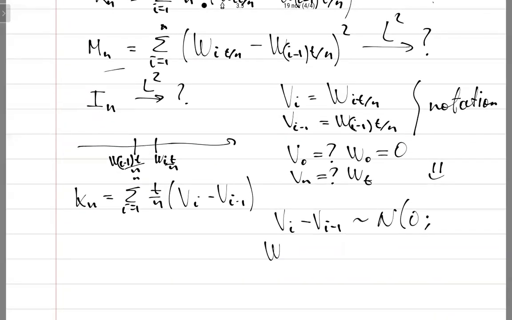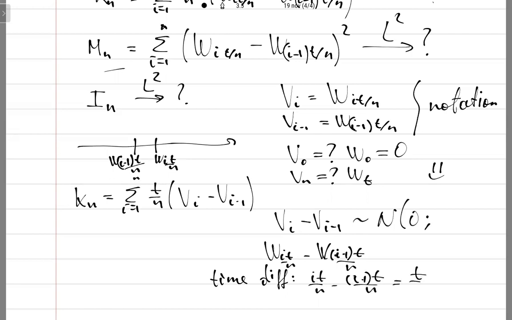So it's W_{iT/n} minus W_{(i-1)T/n}, and if I take the time difference, it will be iT over n minus (i-1)T over n. It will be just T over n. Okay, the variance of V_i minus V_{i-1} is clear.